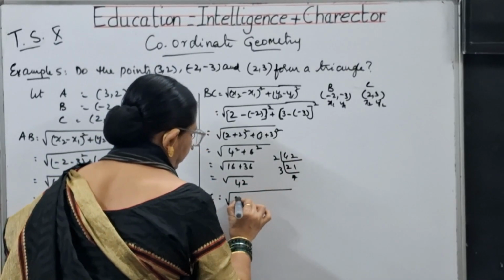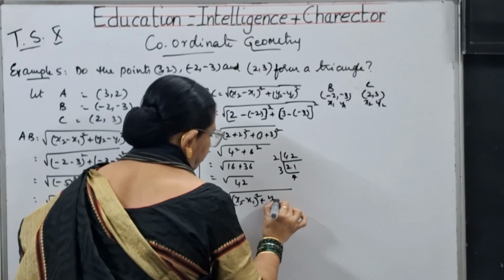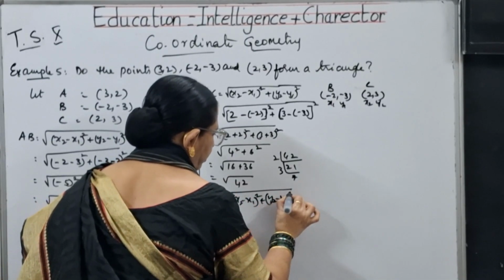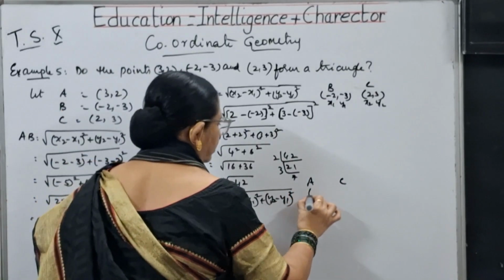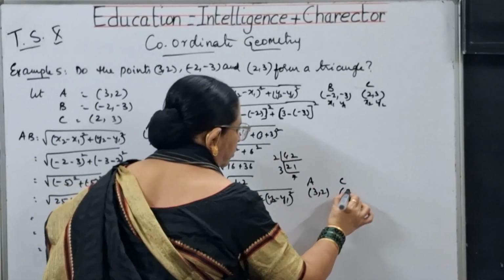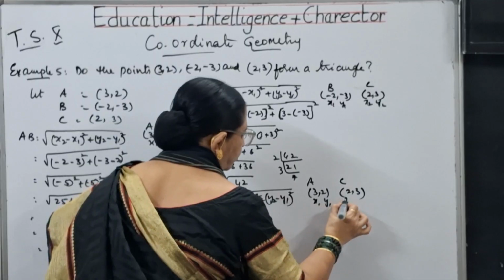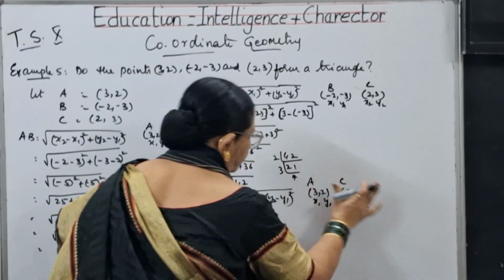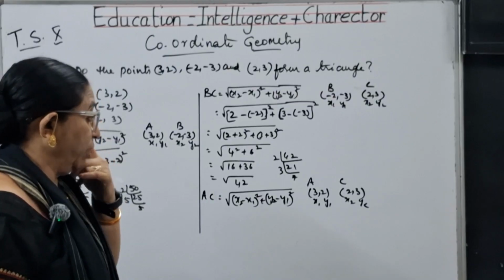AC is root of (x2 minus x1) whole square plus (y2 minus y1) whole square. So A and C: A coordinates (3, 2), C coordinates (2, 3). If you take it like this, children, x1, y1, x2, y2, this will help you to do the problem perfectly well.